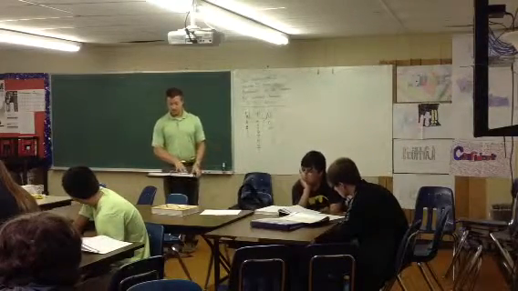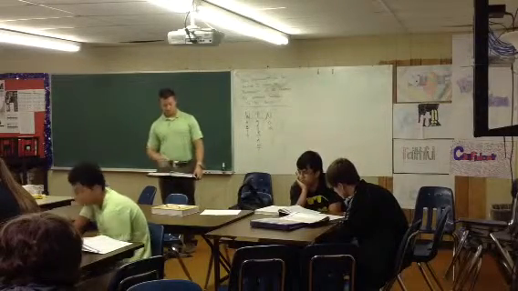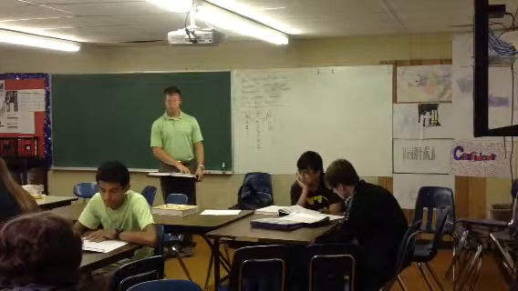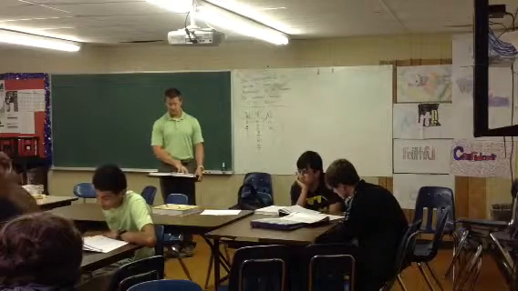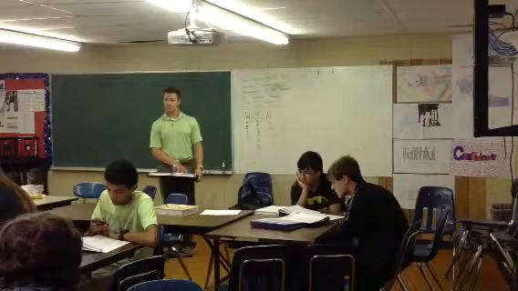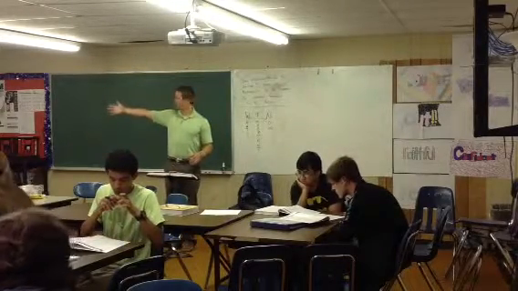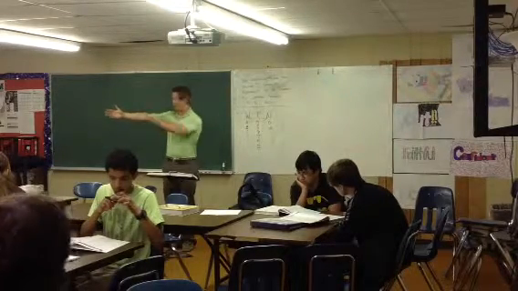So this terminology right here is going to be very important throughout the entire year. So if you wanted to make a chart on this in your notebook to use, you could do that, but I'm not going to make you write these down. It's just a table there. Proximal and distal again. So if I held my hand out like this, proximal means closer to the middle of the body, distal's further away.